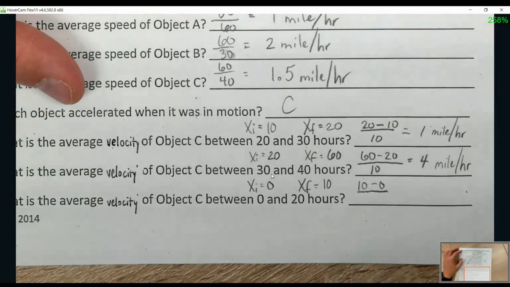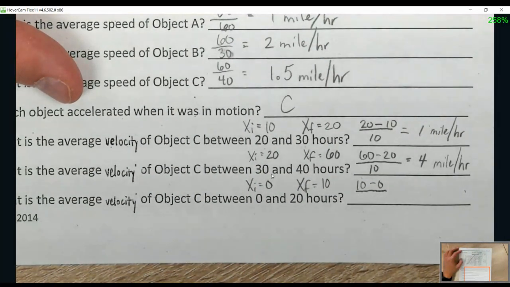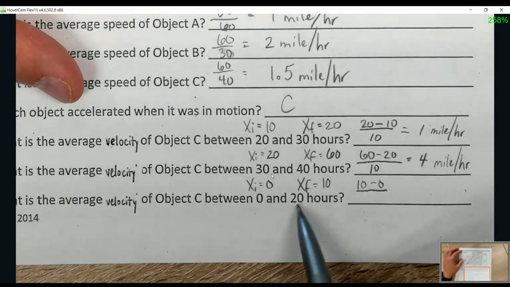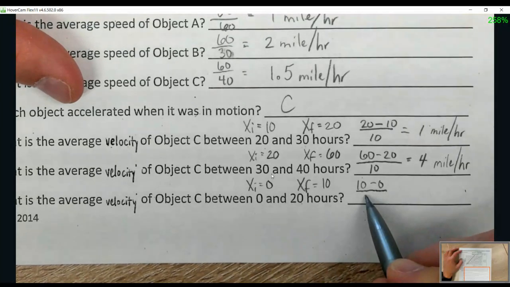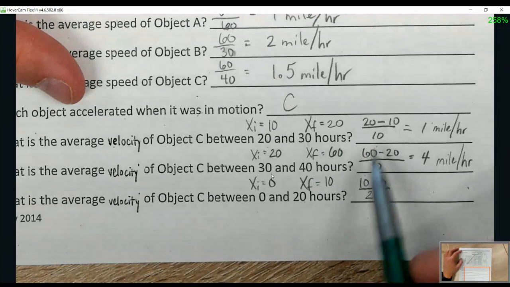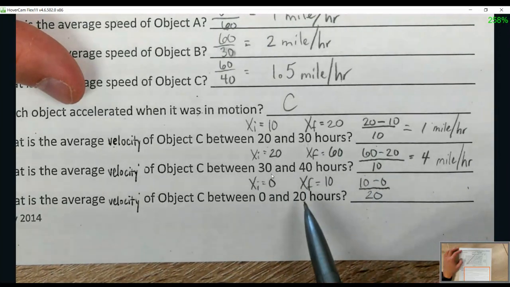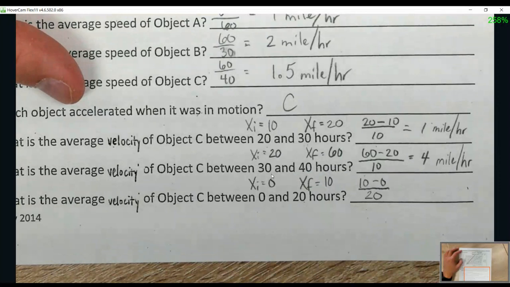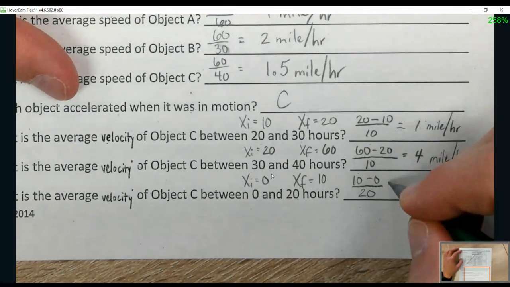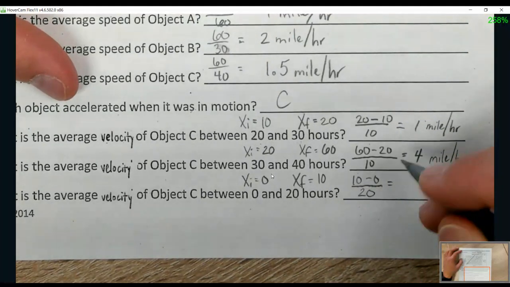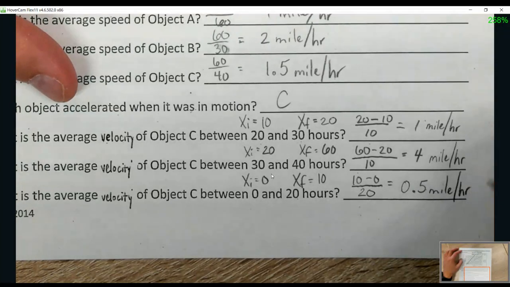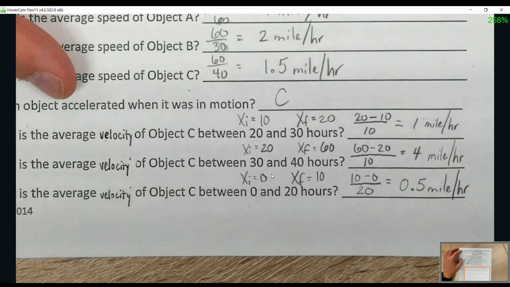And then what is the time? The time is the difference between the first and the second time, right? So 20 minus 0. Now the time is 20 instead of 10. The first ones were 10 because 30 minus 20 is 10. 30 minus 40 was 10. But this time the time is 20 minus 0. And yes, so this is going to come out to be 10 divided by 20, or 0.5 miles per hour.